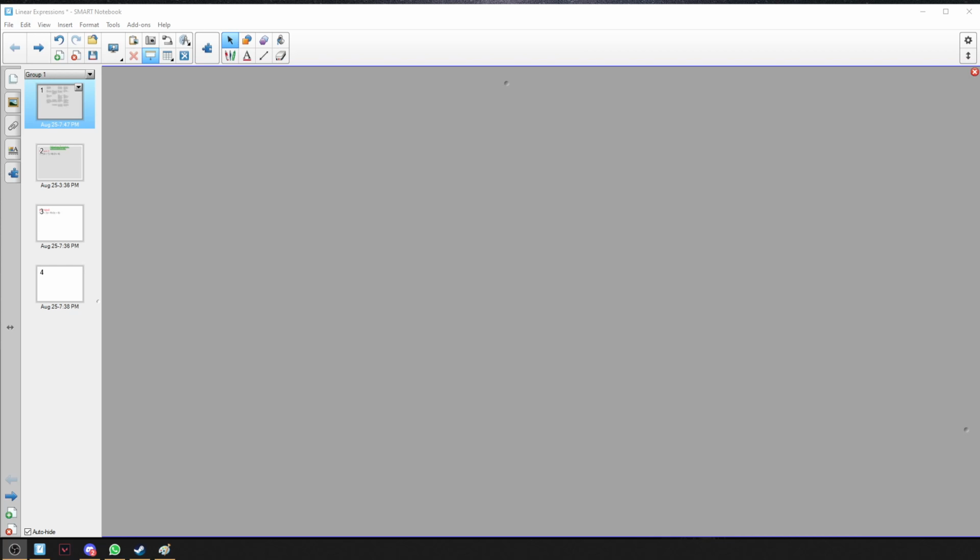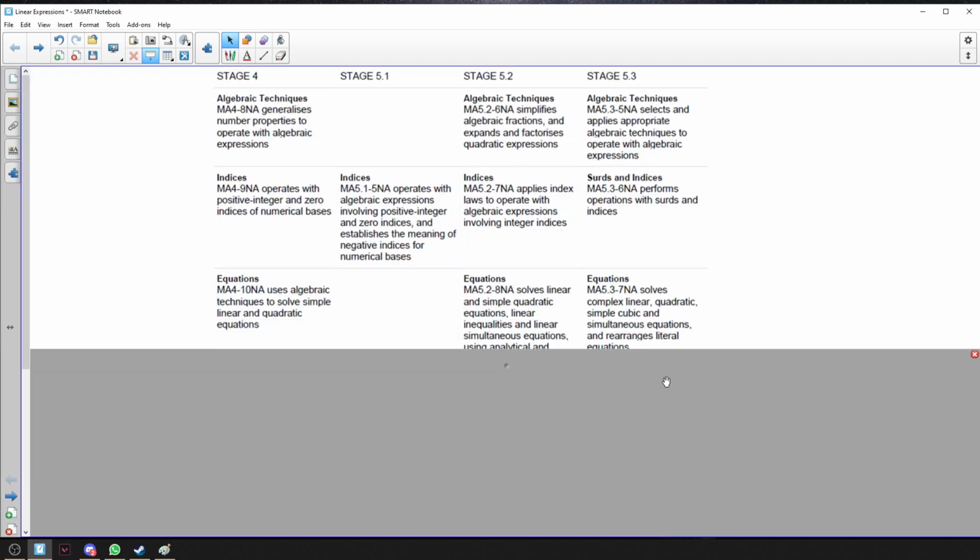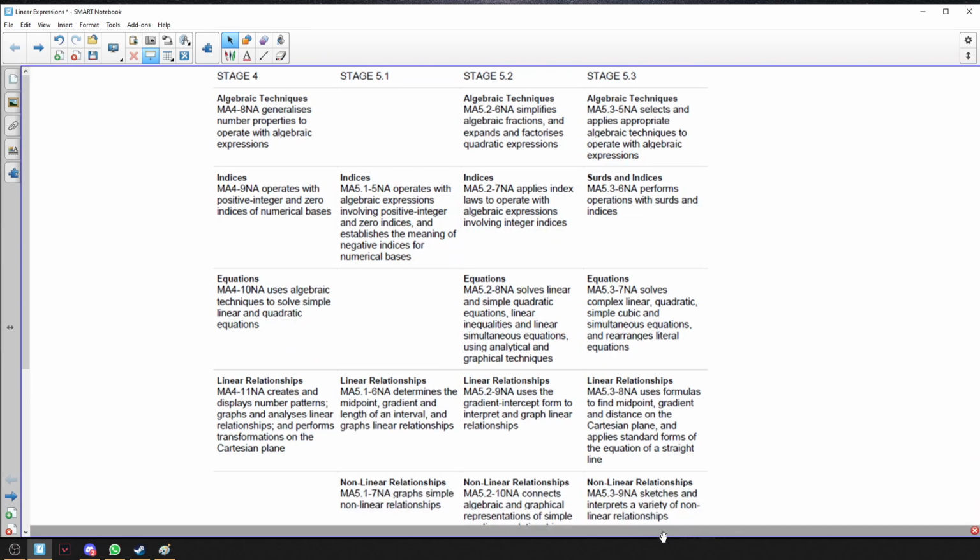Today's lesson will be on linear expressions. Before we start, I want to say that this is something you'll eventually do when you go into high school. It is a stage 4 outcome, straight from the New South Wales Maths syllabus.